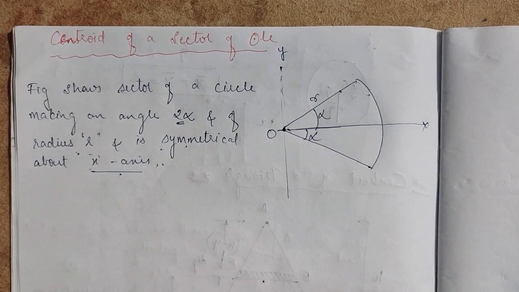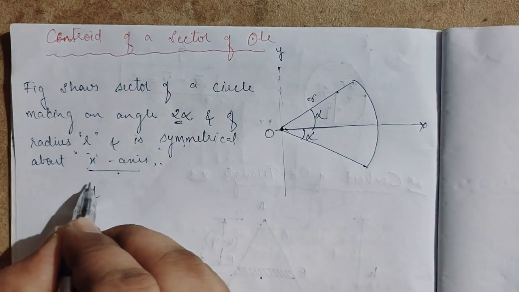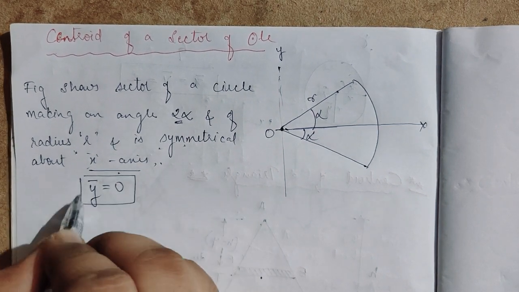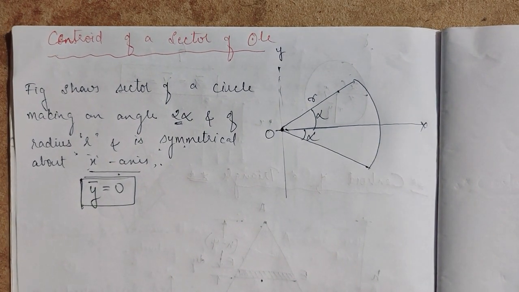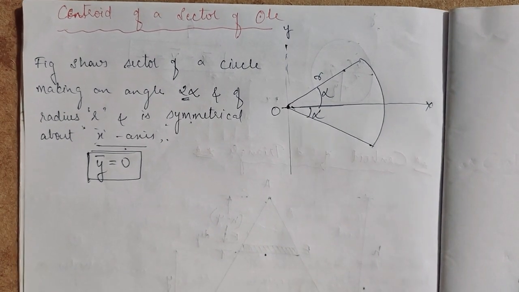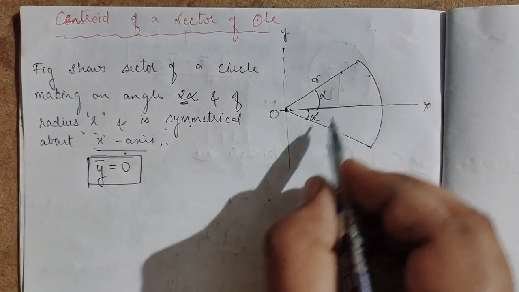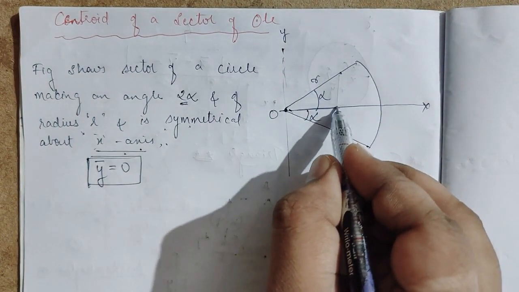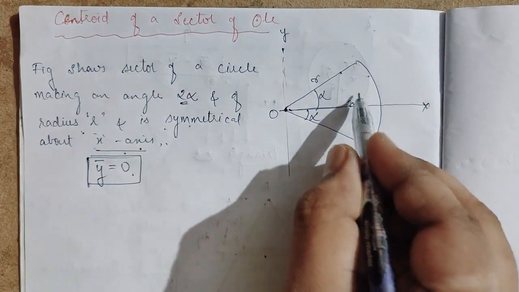Because of the symmetry, if the centroid is formed here, this y bar is equal to 0. In any plane, if a symmetrical axis is there, if the mirror copy is equally divided, then the distance with respect to that axis will be 0.